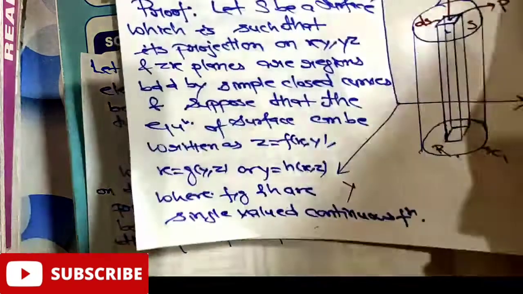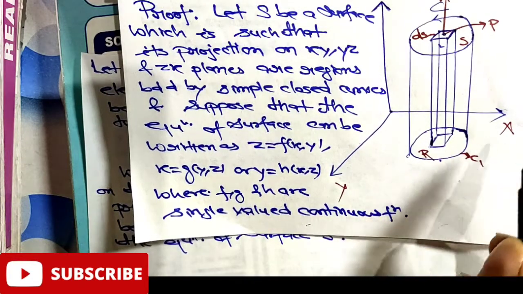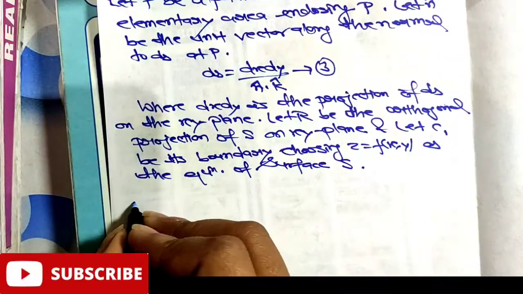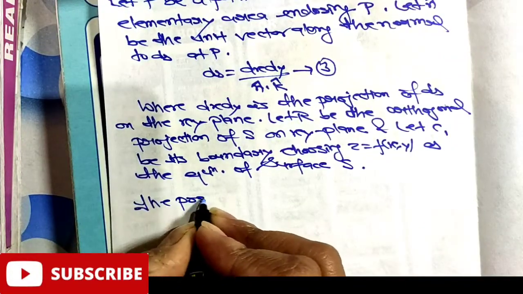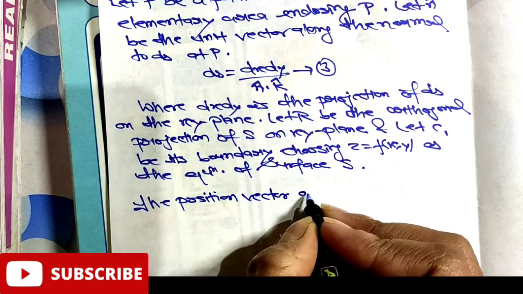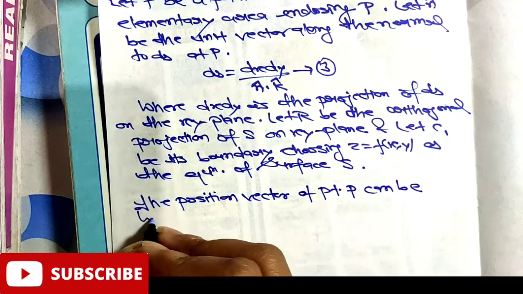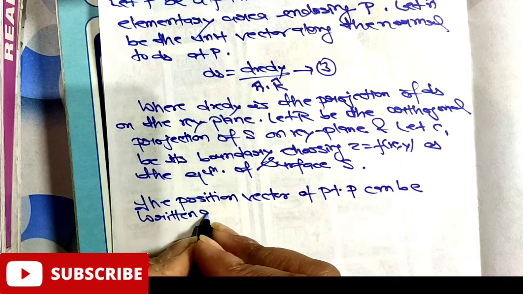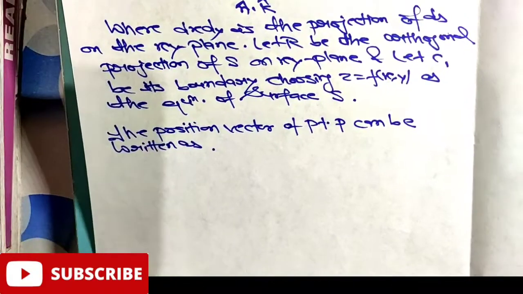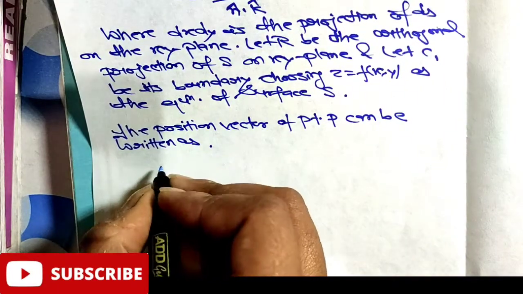And of course this region, the equation of the surface is z equals f(x,y) because it lies in the xy plane. Now the position vector of point P can be written as, I know this video will be lengthy, but I have tried my best to make you understand in a very short time.